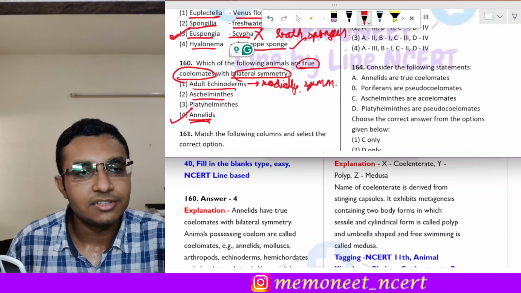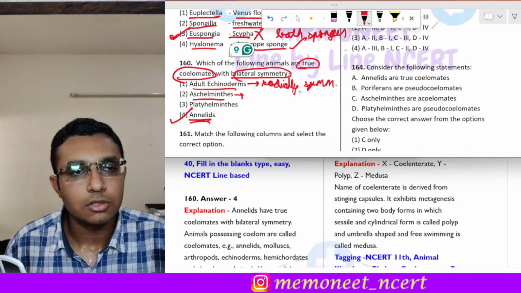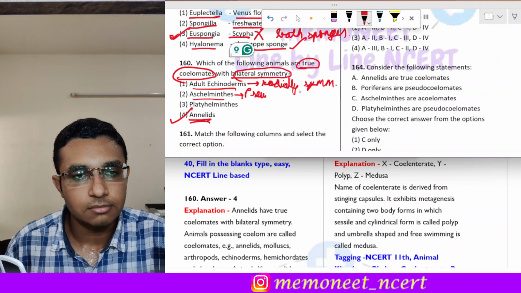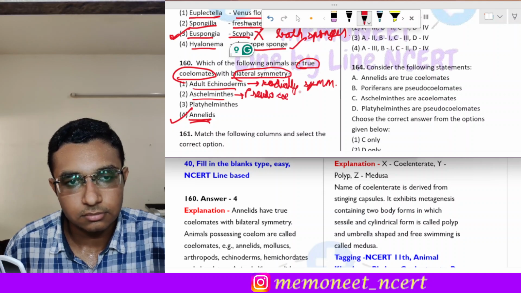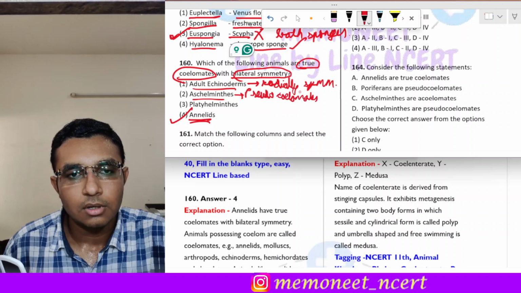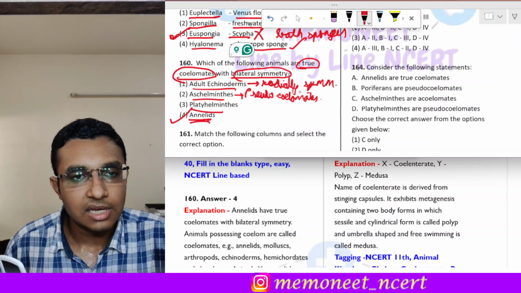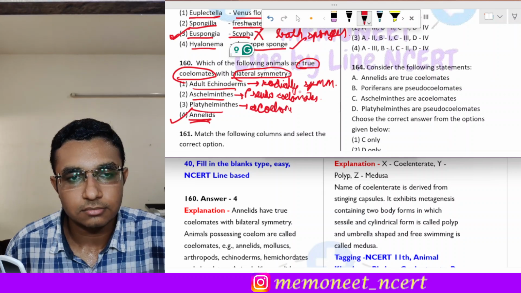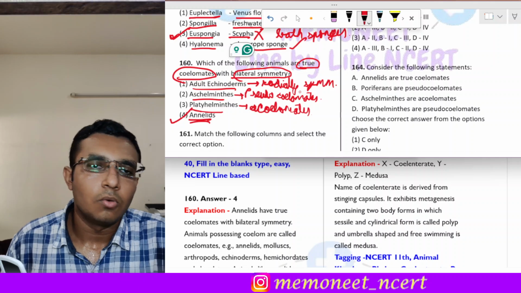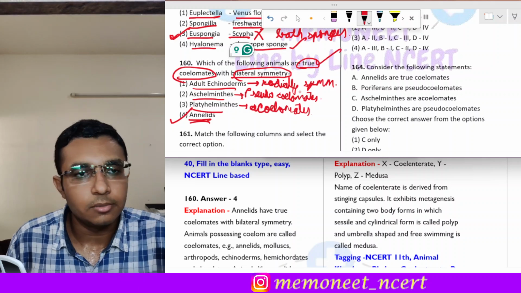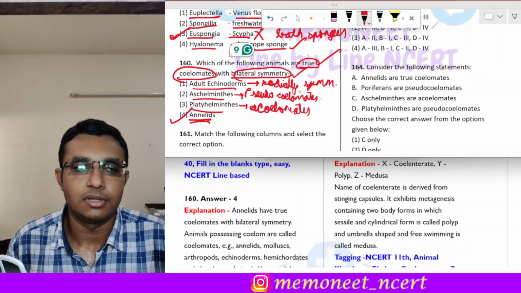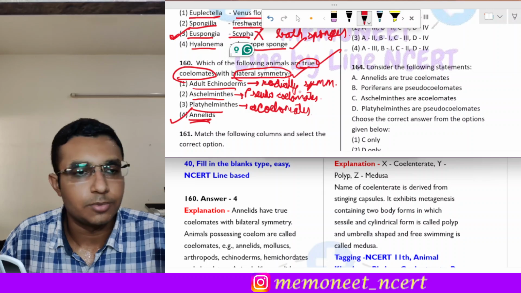Then Aschelminthes. So Aschelminthes are not true coelomates, they are pseudocoelomates. Okay, and third is Platyhelminthes. So Platyhelminthes are also not true coelomates, they are acoelomates. So only annelids are true coelomates and they show bilateral symmetry. So the correct answer of this question is option 4.